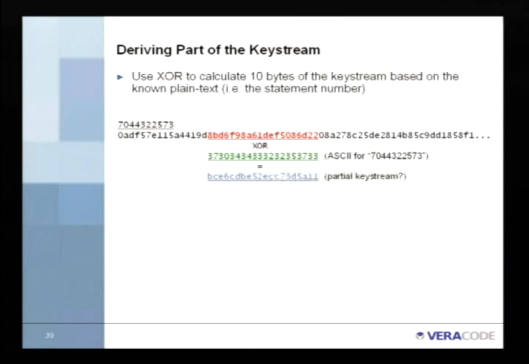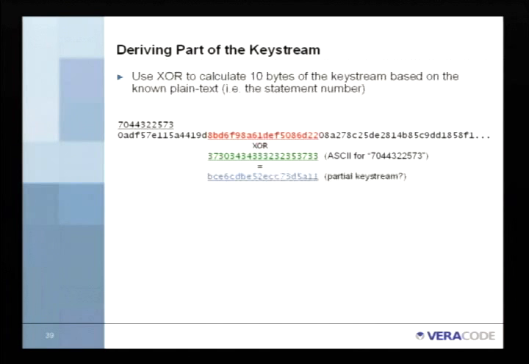So we know two of those things, and with XOR we can find out what the other one is. We know what the token looks like, and we know the 10 bytes that represent the statement number, we think. So we XOR that with the ASCII equivalent of that plaintext statement number.